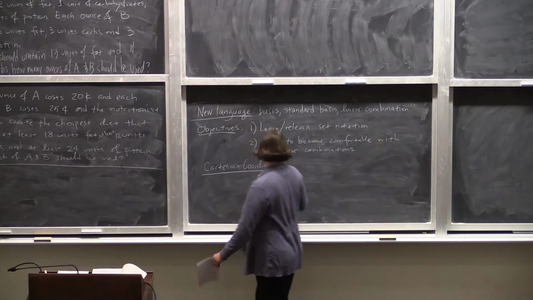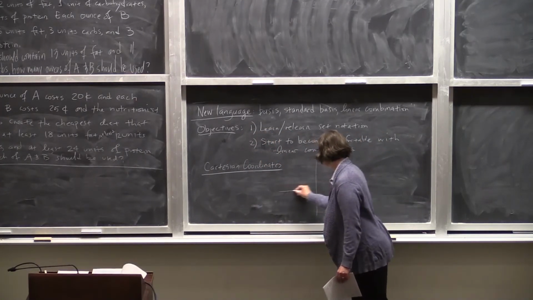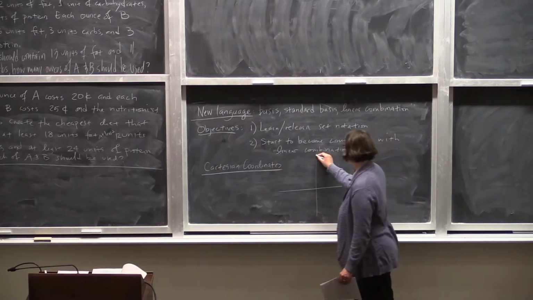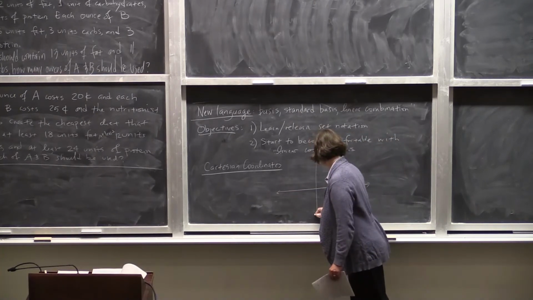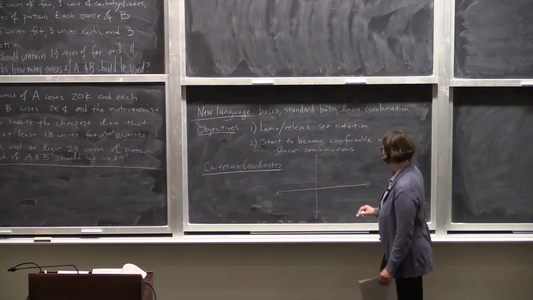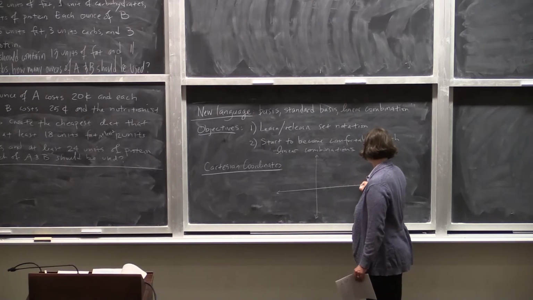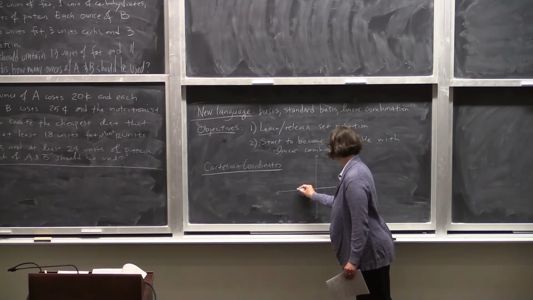Cartesian coordinates are, for the plane, you have an infinite plane. You have perpendicular axes. You put equally spaced tick marks along the axes.